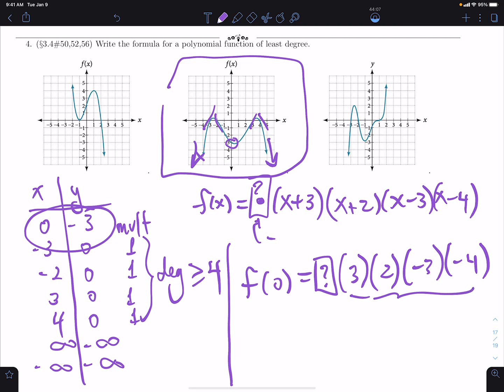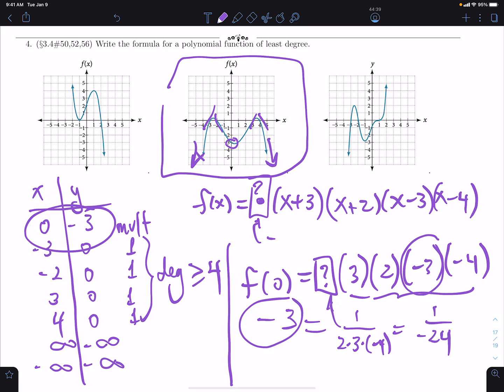This all multiplies to give, what is that going to be? 24. Well, actually, it should equal -3. So this really has to be 1 over 2 times 3 times -4, so that those cancel out, and that's 1 over -24.